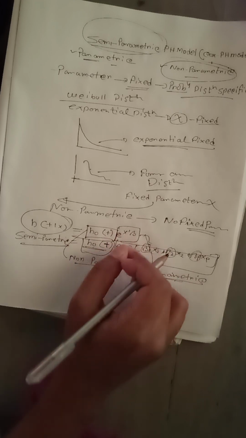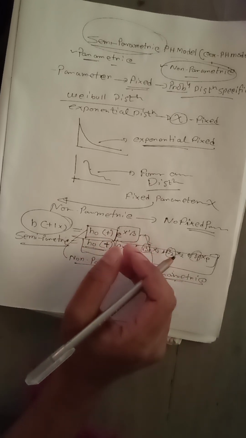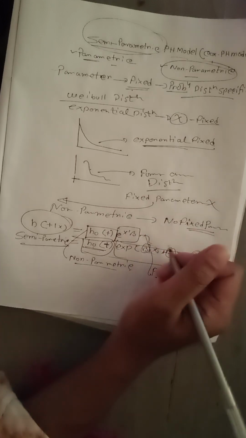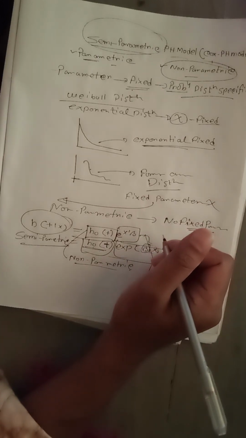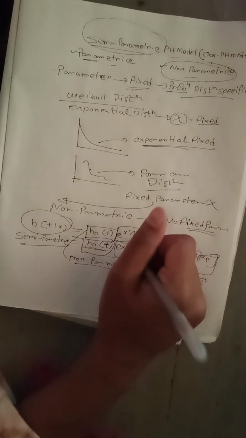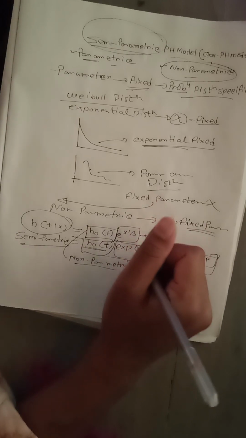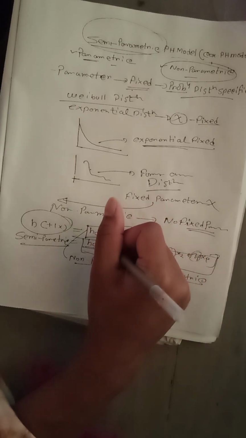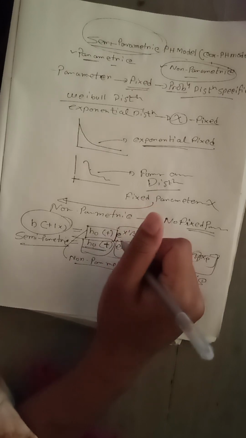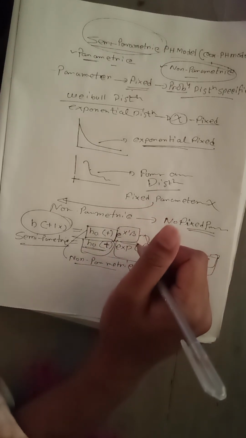Whenever we go for modeling with covariates, in real life data it is often required that you introduce the covariates. In real life data, you don't always have the baseline hazard only. So covariates are introduced in real world data, and it is very important.